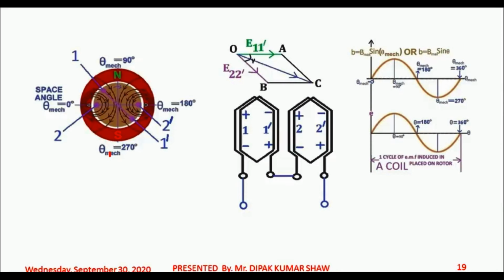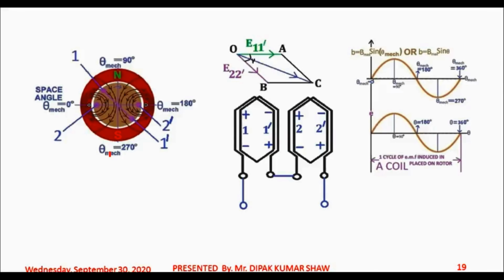If somebody wants to know exactly how much time lag there is, the answer is the time taken by the rotor to move by an angular distance of gamma degree.